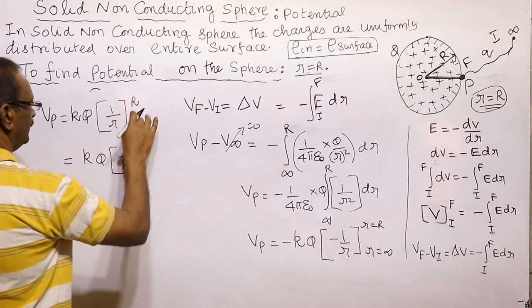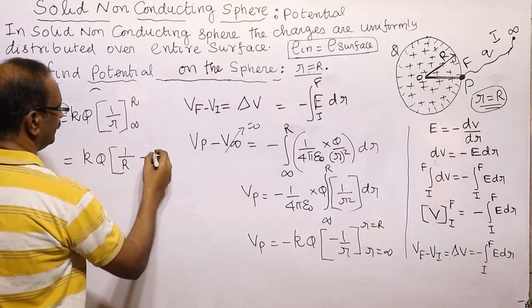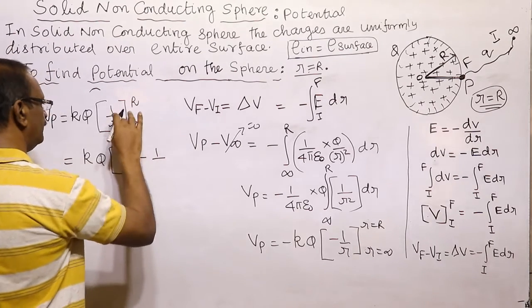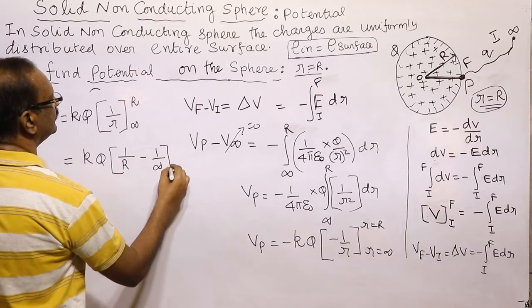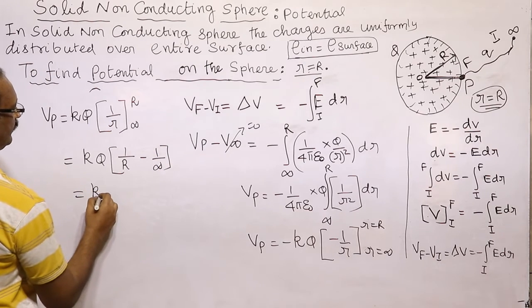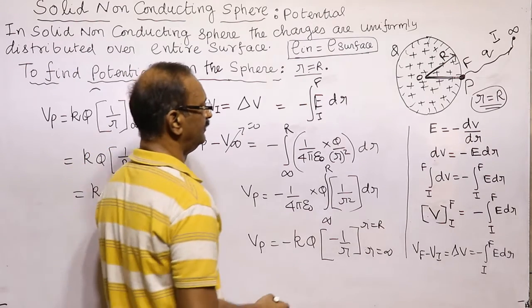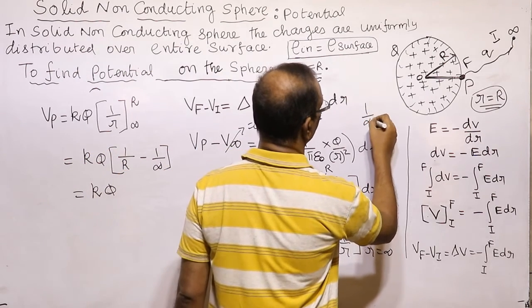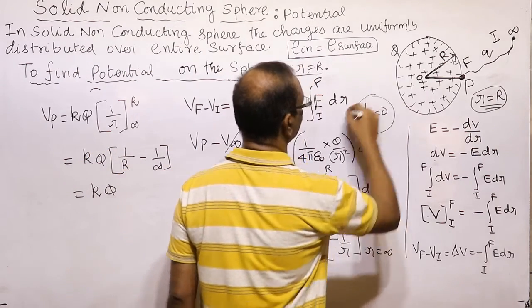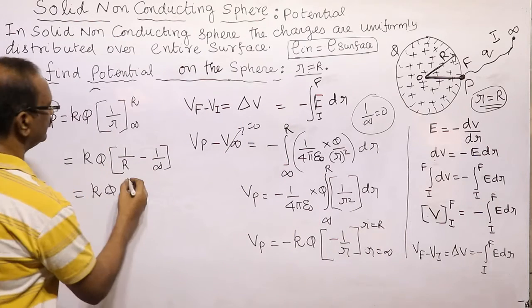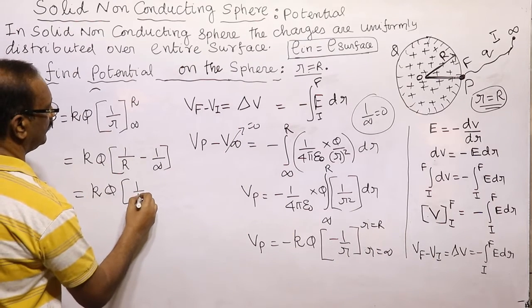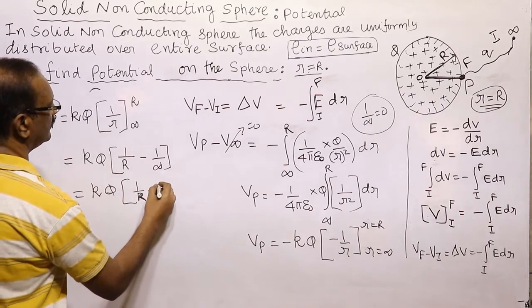Applying the limits, final limit minus the initial limit, in place of r we substitute infinity, giving kq into 1 by infinity. We know very well that 1 by infinity is equal to 0. So this is kq into 1 by r minus 0.